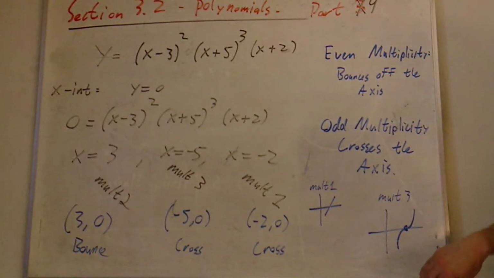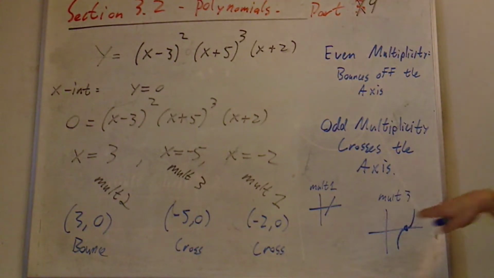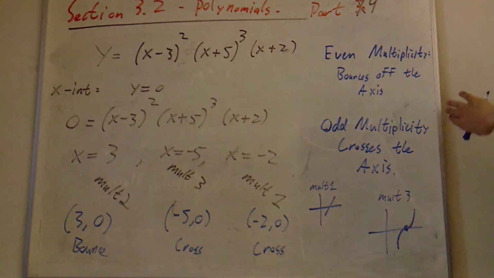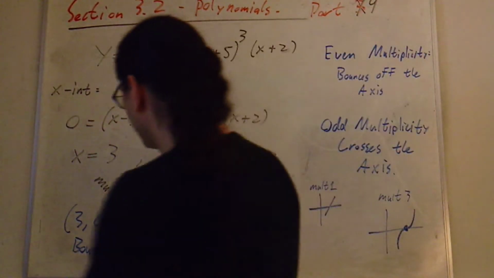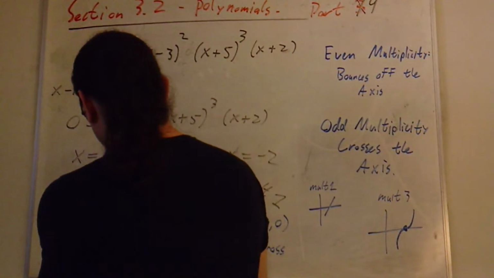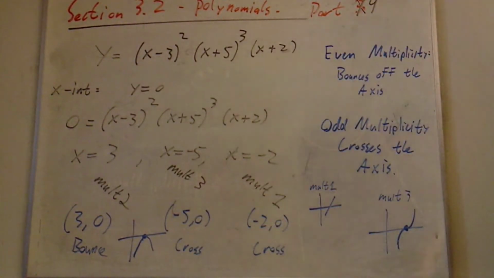So it kind of thinks about bouncing and then changes its mind and continues up. It goes flat for just an instant, and then it keeps going in the direction it was already heading in. Whereas something like this, it'll just turn around.